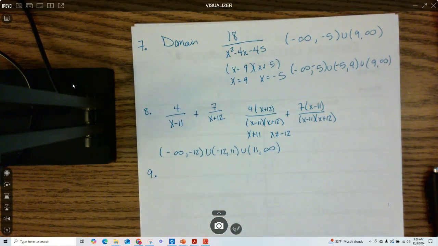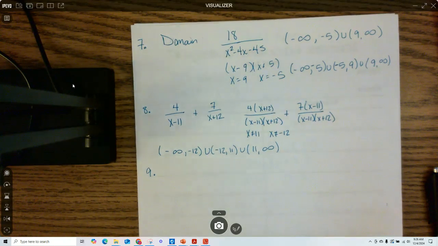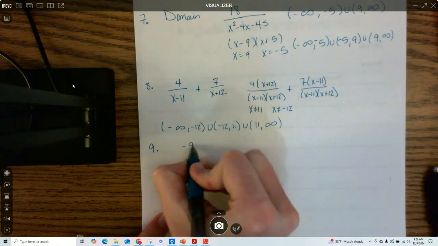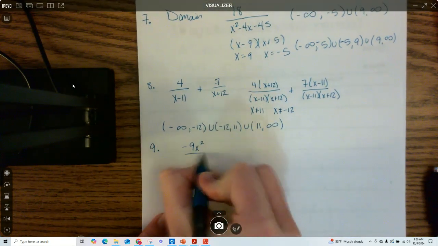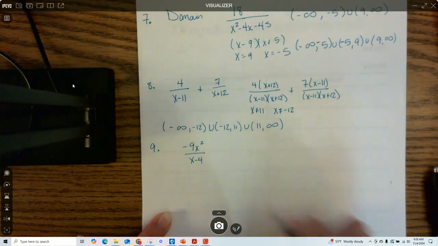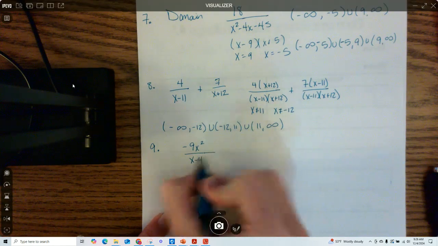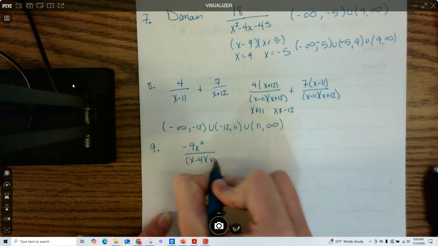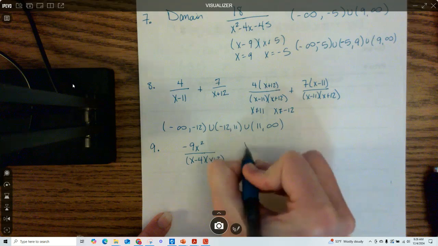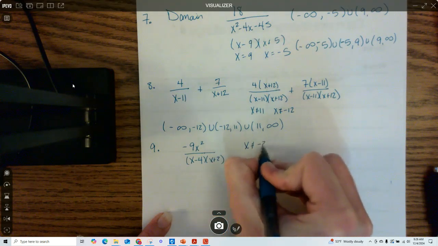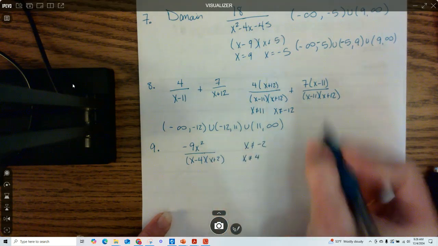All right, number 9. Negative 9x squared over x minus 4 and then x plus 2, all under the same fraction. Like this. So x cannot equal negative 2, x cannot equal 4.